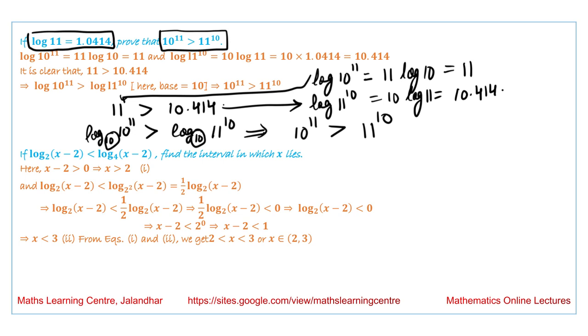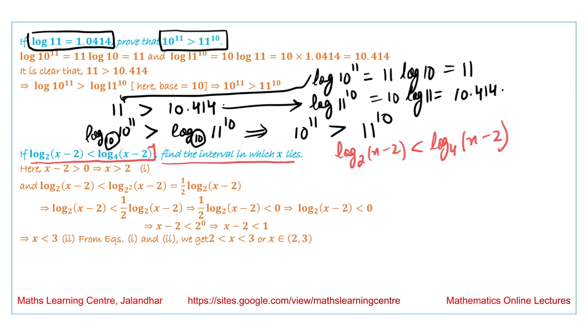Next is, if this condition is given to us, log to the base 2 of x minus 2 is less than log to the base 4 of x minus 2, we have to find the interval in which x lies. So here we are saying that x minus 2 is greater than 0. This is the first condition we have.